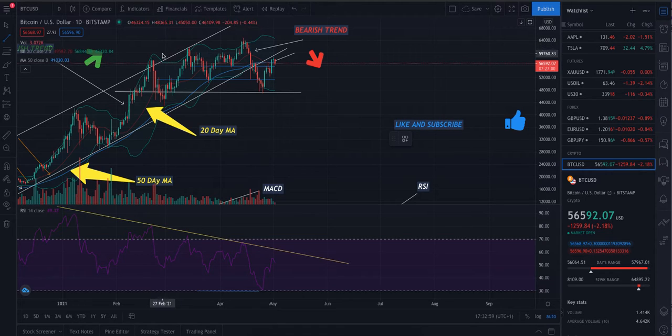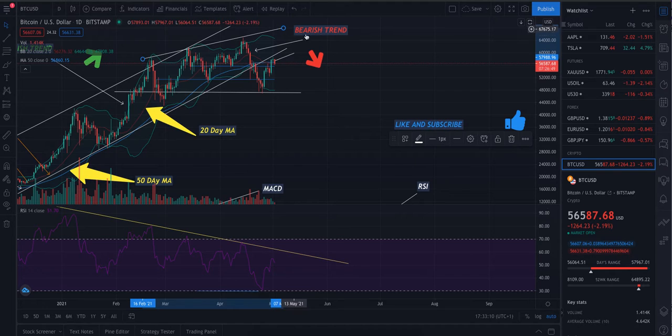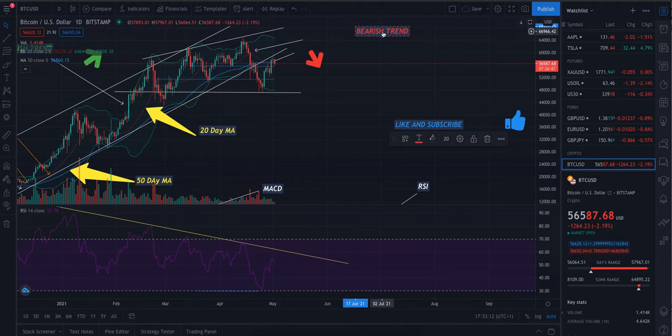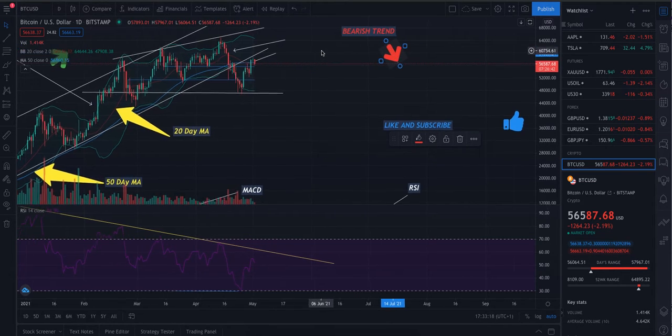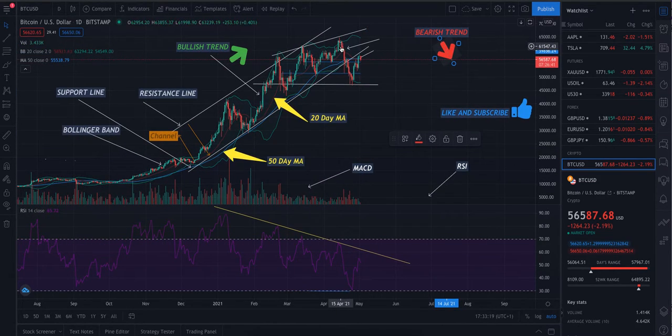Let's see. See, sometimes you get triangles as well. So let's move this out of the way. Yeah. So sometimes you get triangles, descending wedges and ascending wedges.